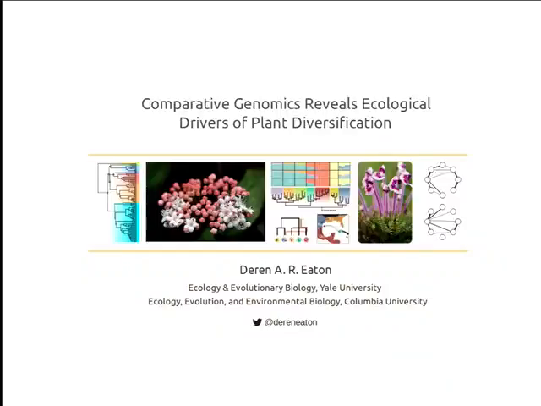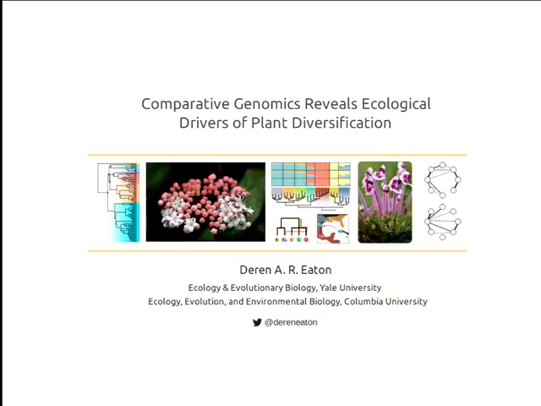Right, hi everyone. It's my pleasure to introduce Deren Eaton, who is an associate research scientist at Yale University, and in July begins a tenure track faculty position at Columbia. Prior to that, Deren did his undergrad at University of Minnesota, where he worked with Janine Cavender-Barris, and then PhD at University of Chicago, where his advisor was Rick Reed, who's the curator of botany at the Field Museum.